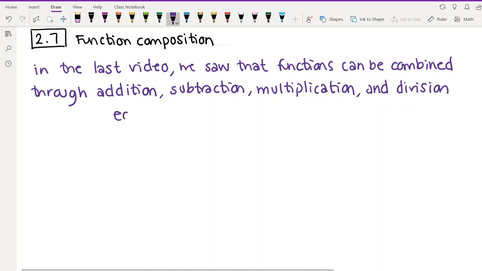So for example, if you wanted to do f plus g of x, make a new function where you're adding them together, well, you can do that by taking the formula for f of x and adding it to the formula for g of x.